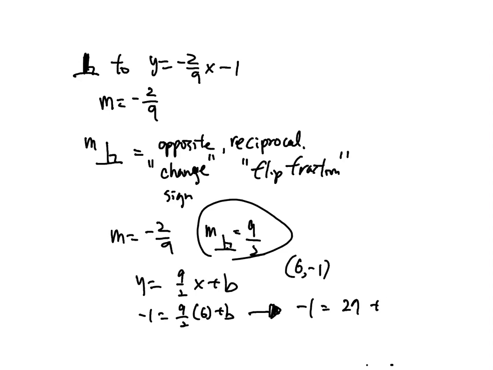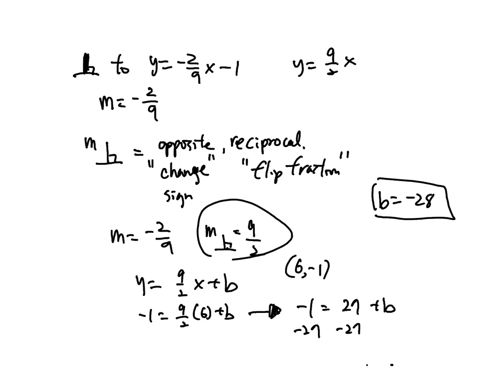So 27 plus b. And to figure out what b is, we're going to minus 27 on both sides. So b is negative 28. So the final answer is y equal 9 over 2 x minus 28. Okay.